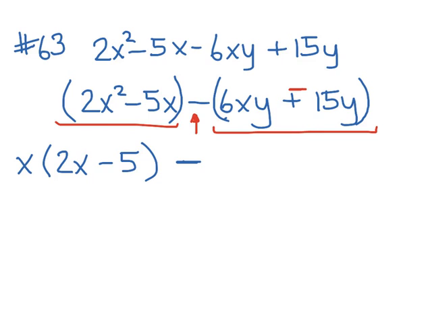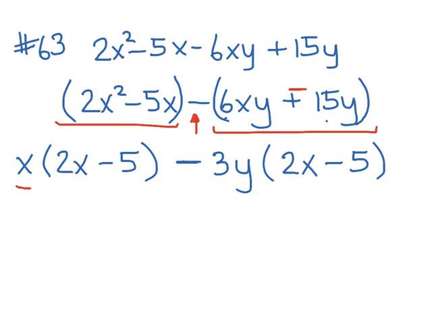And I look at my 6 and my minus 15, and I know I can factor out a 3. And I can factor out a y as well, right? Because y is in both of those terms. So I'll factor out a y, and I'm left with 2x minus 5. Okay?